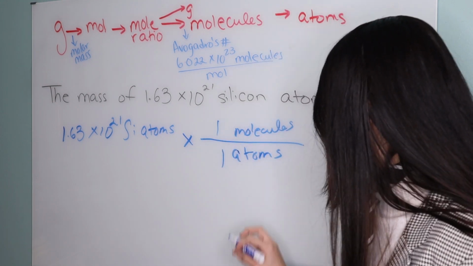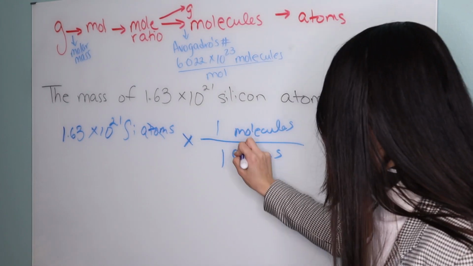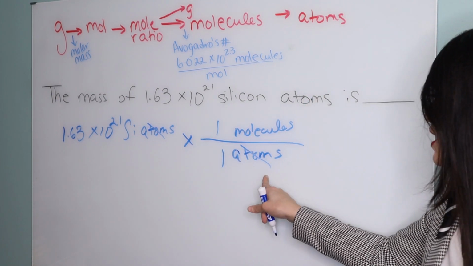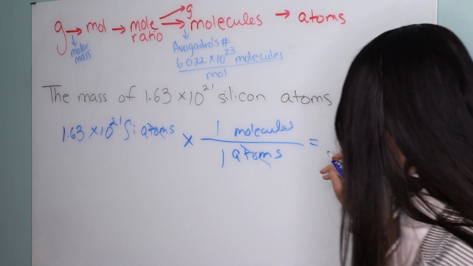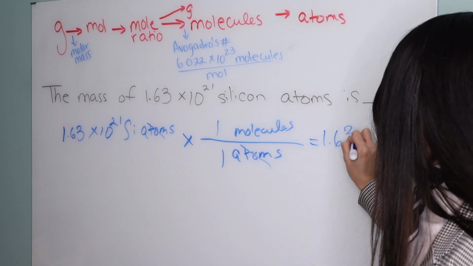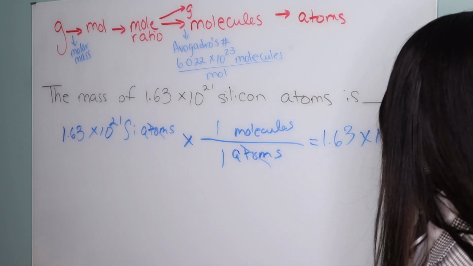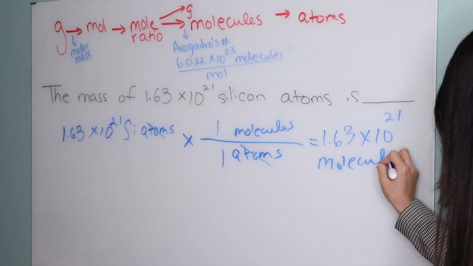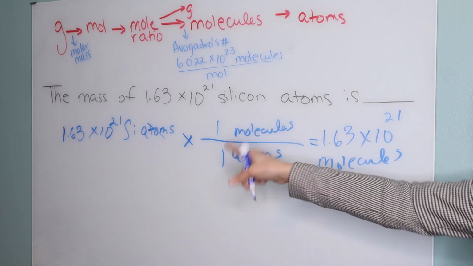So 1 to 1 ratio, so the number does not change, but you can see how atoms get crossed out. So now we have 1.63 times 10 to the 21st, but we have molecules. So let's carry this over there.